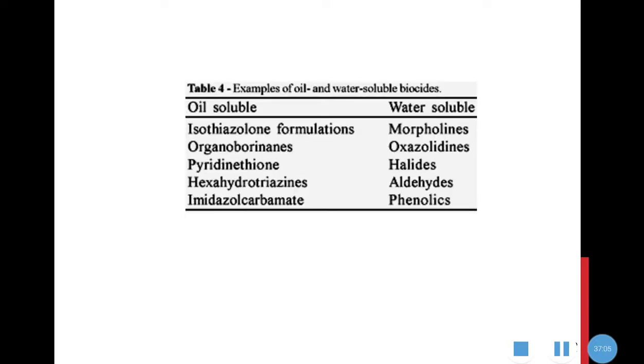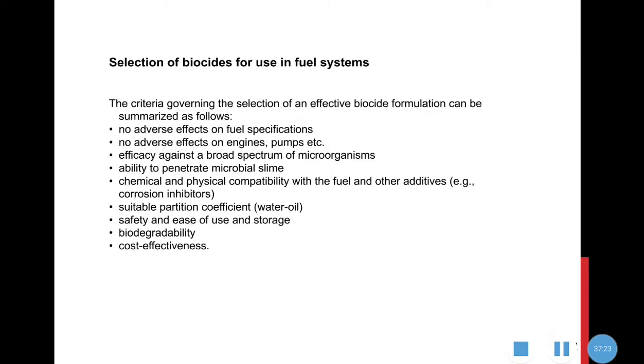So this one dia table 4 ni dia bagi contoh air dan minyak, yang minyak dan air soluble, yang larut dalam air dan minyak. Biocide yang larut dalam air dan minyak.